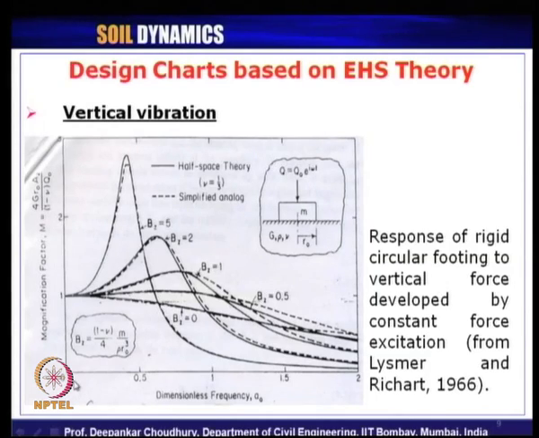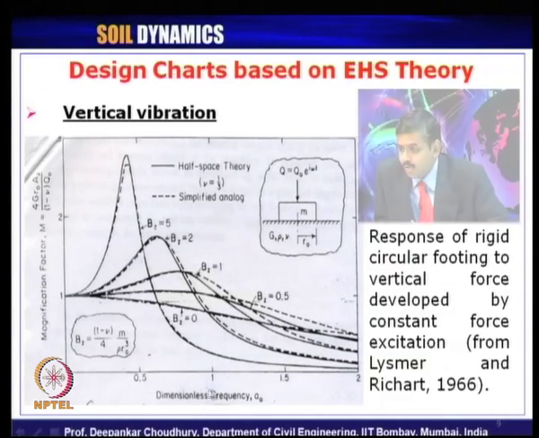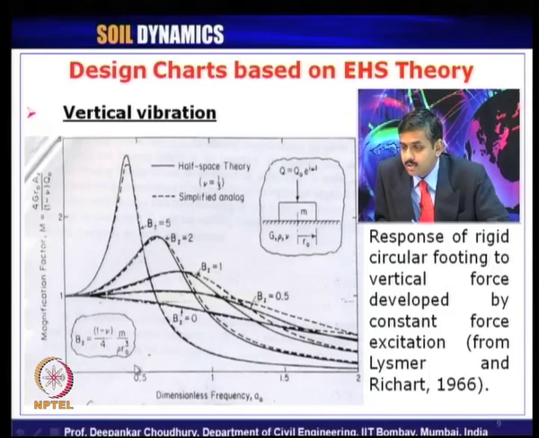here, this shows a comparison between the elastic half space theory proposed by Lysmer and the simplified analog proposed by Lysmer, that is in dotted line and the other one is in firm line. So, for different values of dimensionless frequency factor, this is how B z is calculated for Lysmer analog.